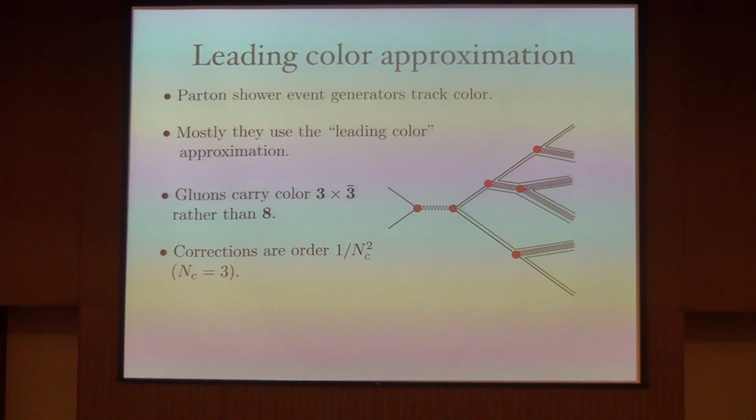And your program keeps track of the color, but it keeps track of it in this approximate way. And you can fairly easily convince yourself that that's almost okay if you're willing to neglect contributions that are suppressed by order 1 over number of colors squared, where number of colors is 3. So it's a 10% approximation, more or less.